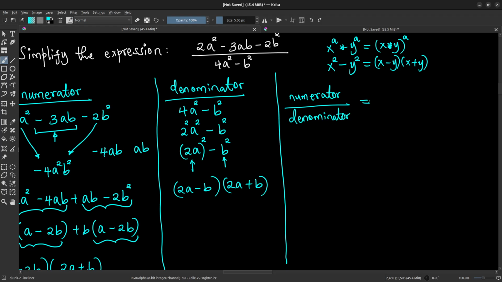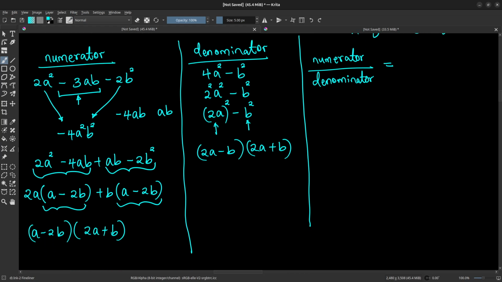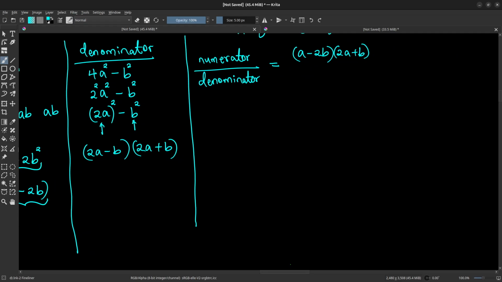This is going to give us, for the numerator, a minus 2b times 2a plus b, and for the denominator, 2a minus b times 2a plus b.